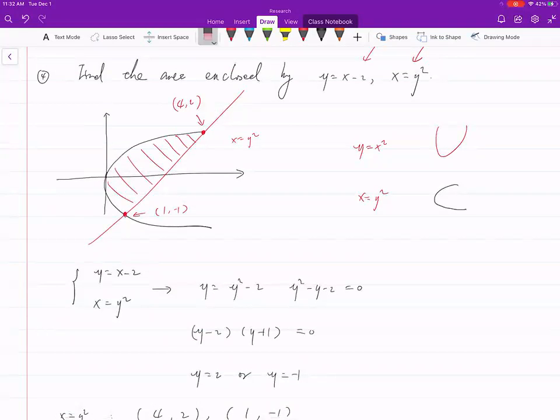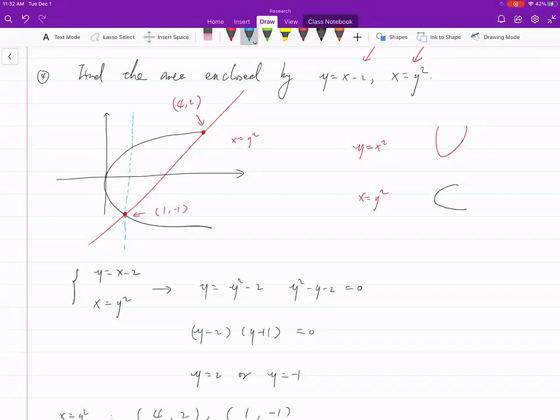Now how do we set up the integral? Which one is above which one? Can you see that? We should split them here because we have 2 different cases on each part. On the right, the parabola is above the line.